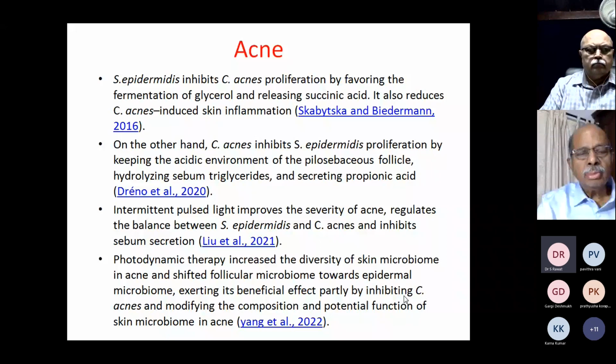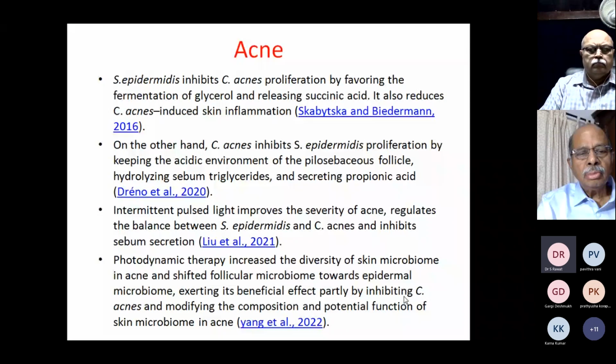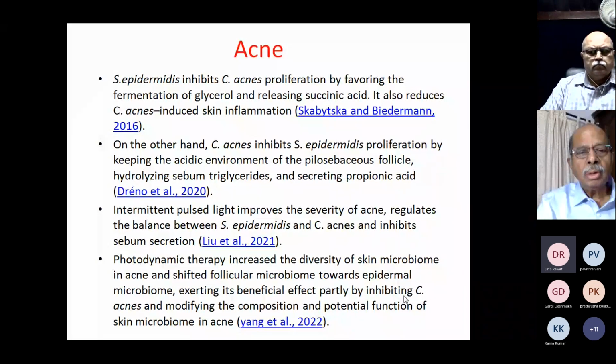Now, various treatment options like intense pulsed light improve the severity of acne, and this is thought to work by restoring the balance between Staphylococcus epidermidis and the acne bacteria, and it also inhibits sebum secretion.